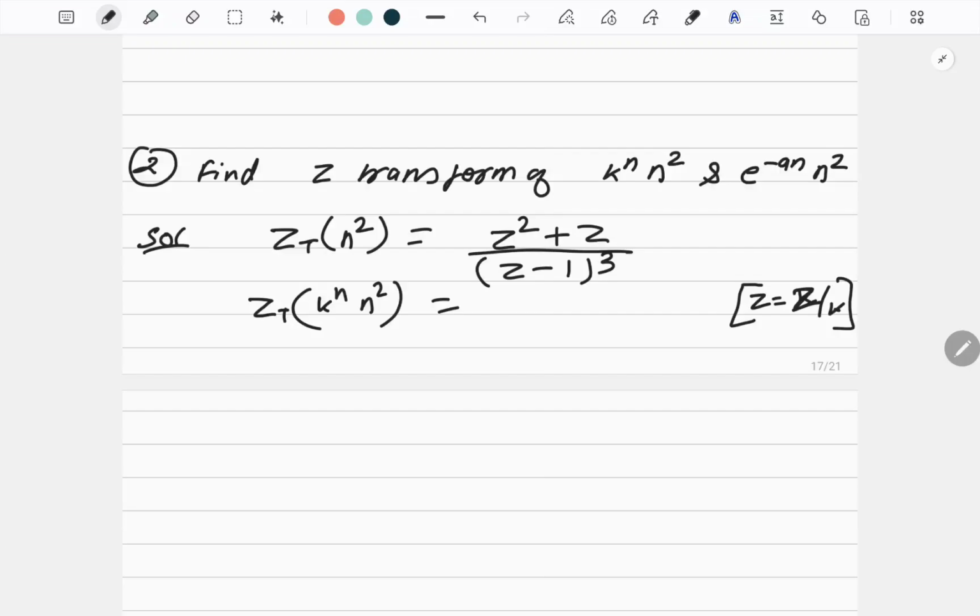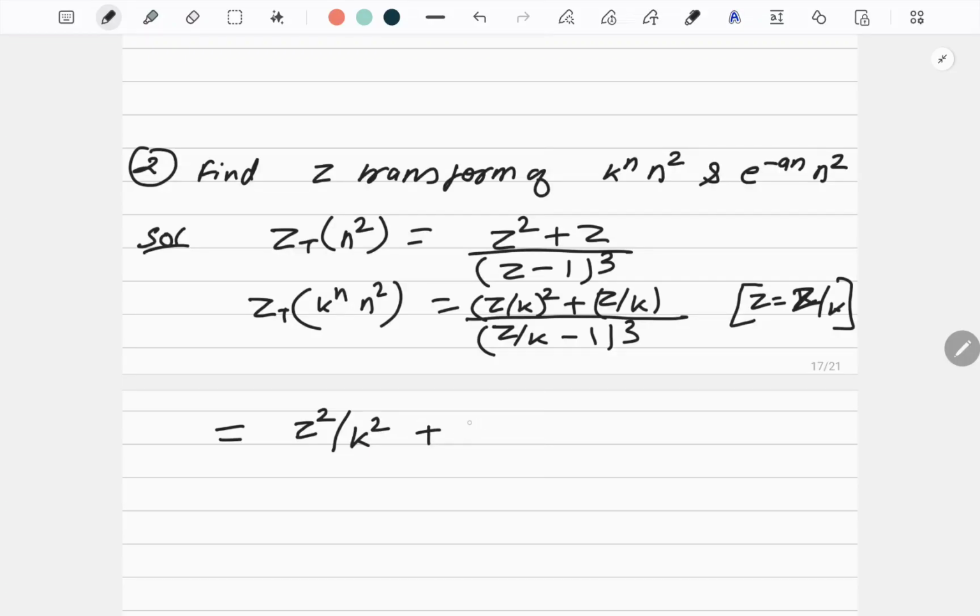That's it. Right. So let me substitute: (Z by k) square plus Z by k upon (Z by k minus 1) cube. So let me simplify it. Here it becomes (Z square by k square plus Z by k) upon (Z minus k) cube, I have taken the LCM.